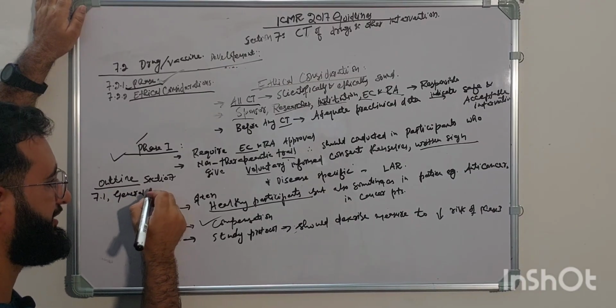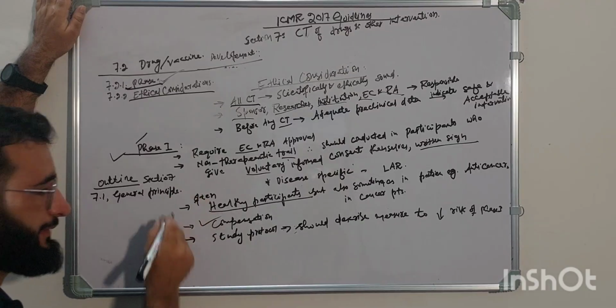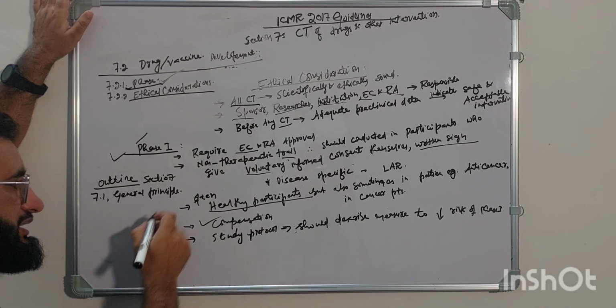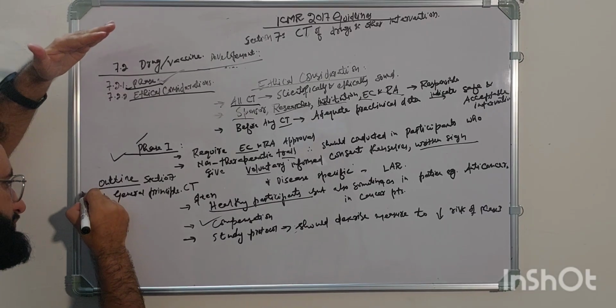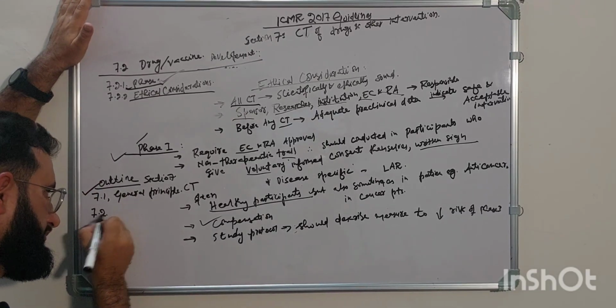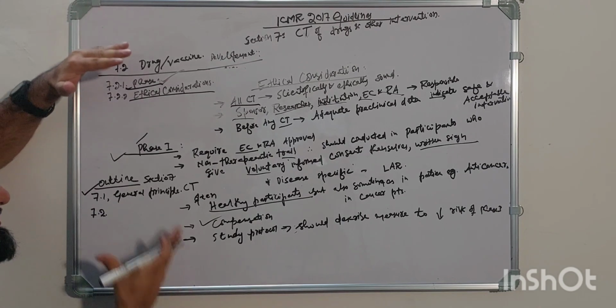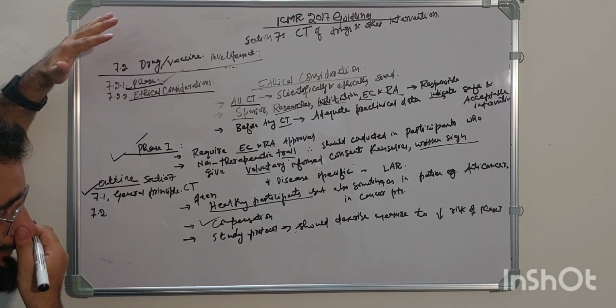General principles for carrying out a clinical trial. Okay, this is 7.1, which we discussed. Then the second is 7.2. So this is actually a part.